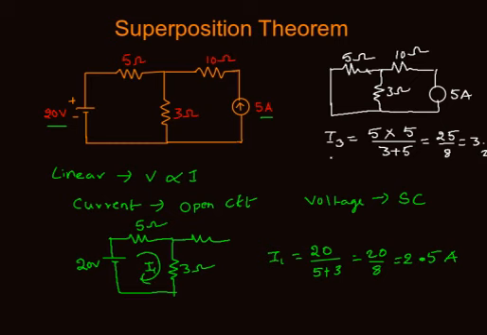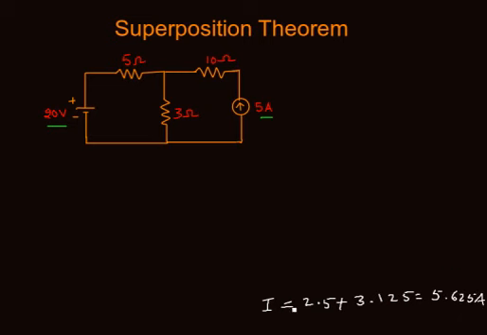So here we got this current I3 and this current I1. We have to add both of these to get the collective current. So 2.5 plus 3.125 is equal to around 5.625.